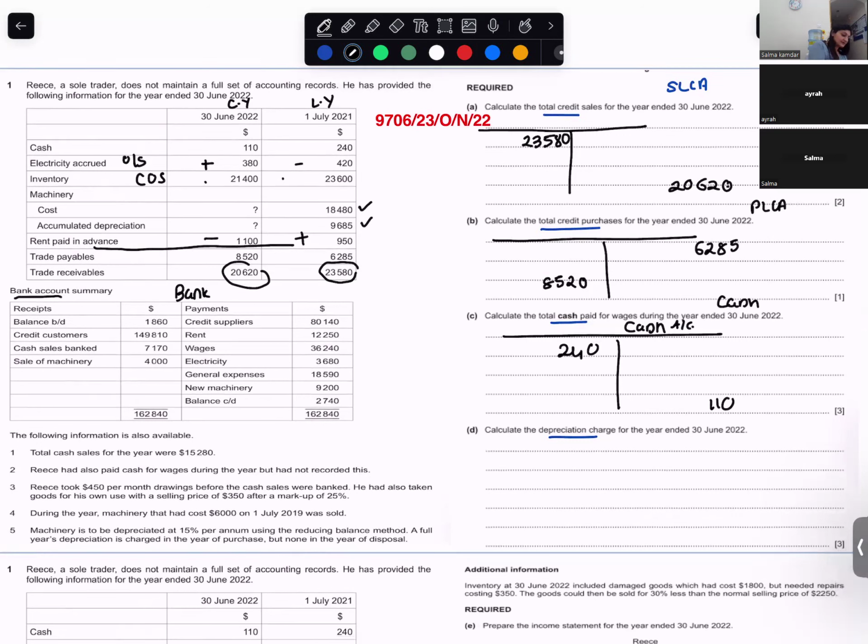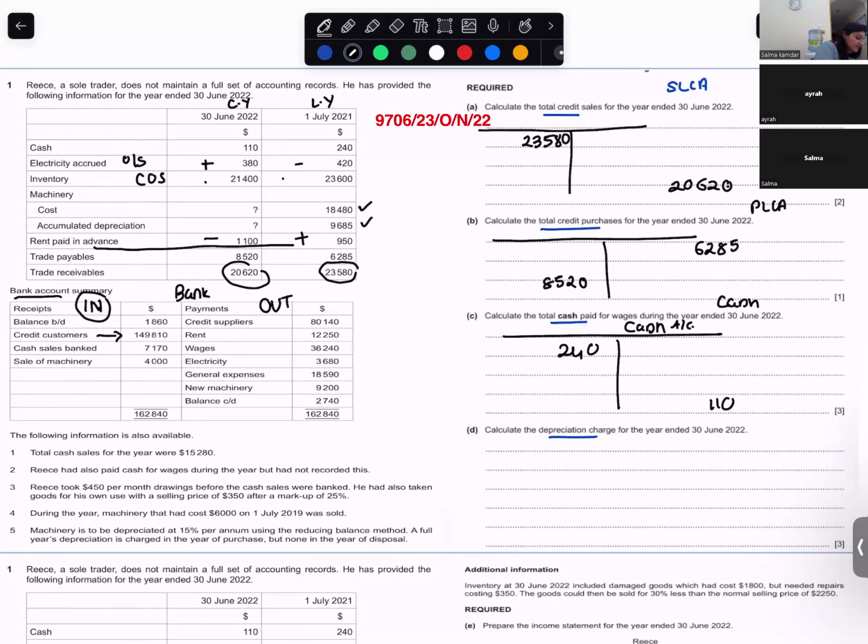Bank account receipt side, what does that denote? Whatever comes in. Bank account payment side, what does that denote? Whatever goes out. Okay. Credit customers, whatever is coming in, what does this mean? That will go on the bank. You'll write it as bank on the credit side of the SLCA.